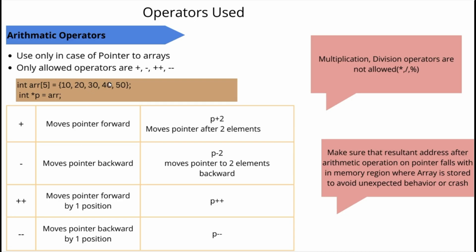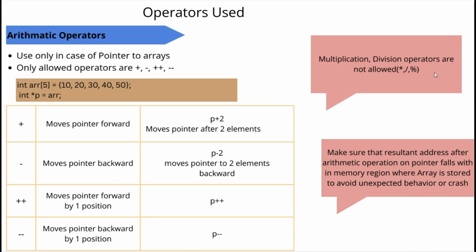Let's say you are at the memory address of element 40 of the array. If you do minus 2, you will go to element 20. Increment is the same as addition with 1, so it just moves one position. Decrement is moving backward by one position.